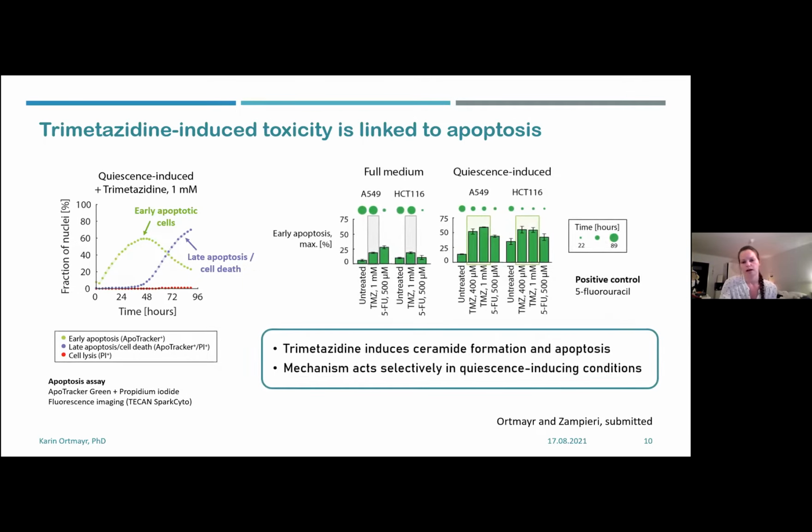We saw this same pattern in different cell lines at different doses of trimetazidine, really supporting the mechanism that trimetazidine, by inhibiting beta oxidation, probably perturbs the lipid balance in the cells and eventually leads to the formation of ceramides that then induce apoptosis. And again, according to our data, this is really selective in quiescence-promoting environments, as the induction of apoptosis was completely absent in normal growth media.